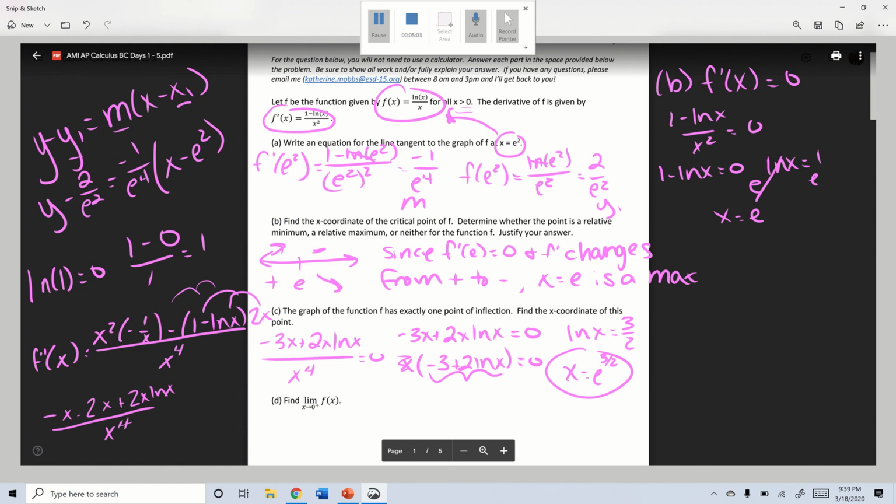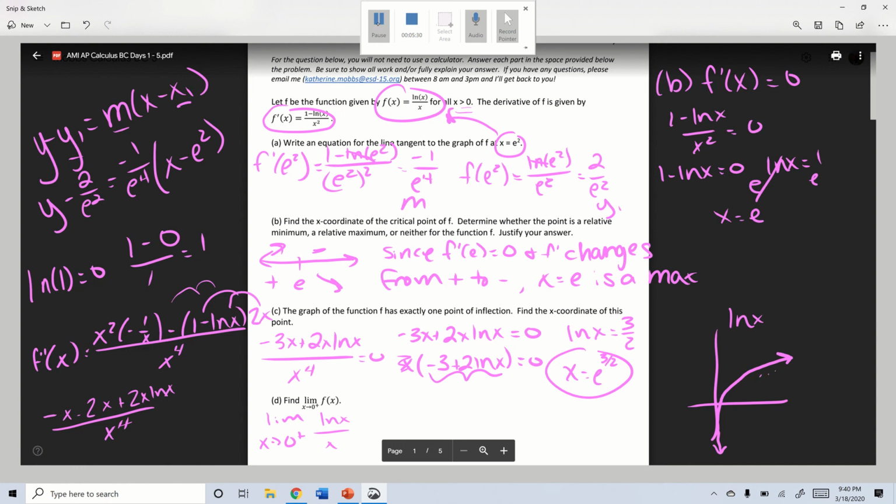Now part D, we are looking at the limit as x approaches 0 of the function. So the limit as x approaches 0 from the right of the original function ln of x over x. So if we visualize what the graph of ln of x looks like real quick, it looks like this. So that's why it's specifying we've got to approach from the right, because there's nothing that exists over to the left.